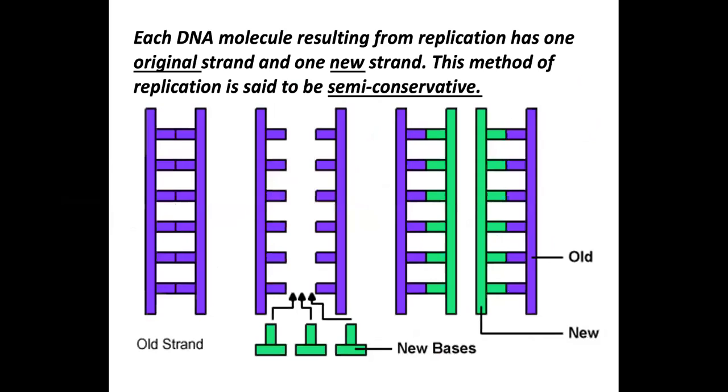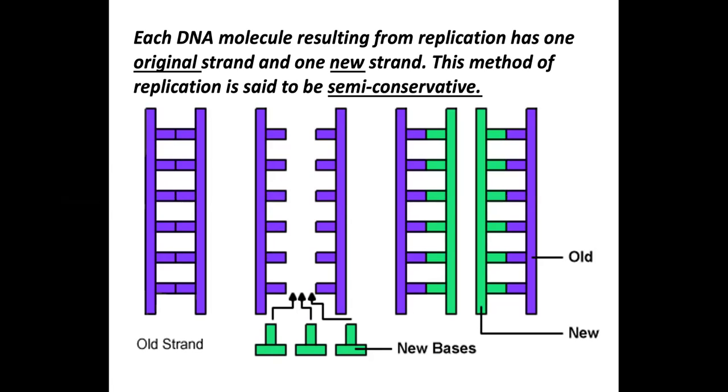All right. So at the end, each DNA molecule that results from replication has 1 original strand and 1 new strand. This is called the semi-conservative model. What I mean by that, and please tell me if you do not understand: this is your original DNA molecule.